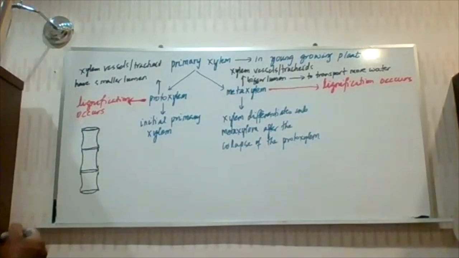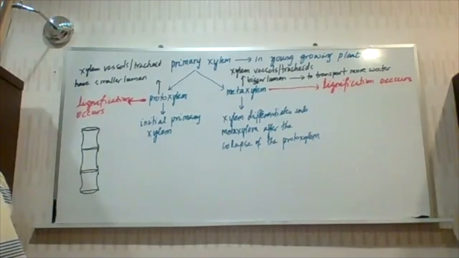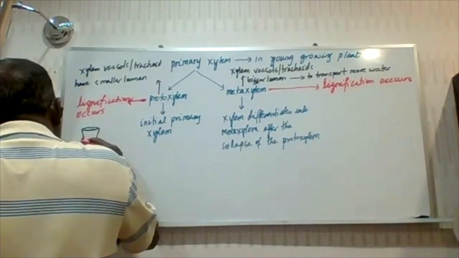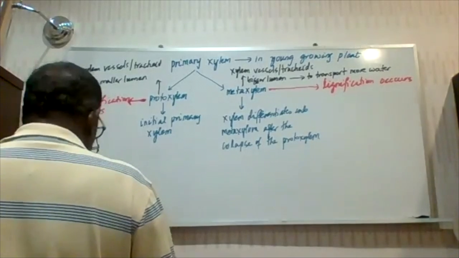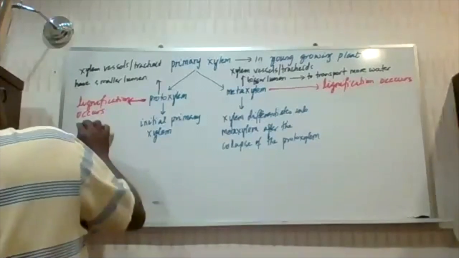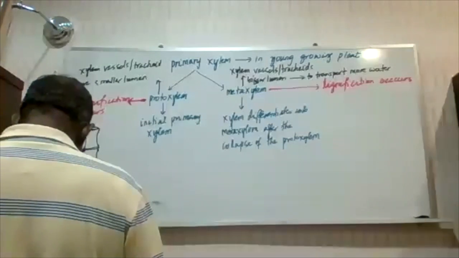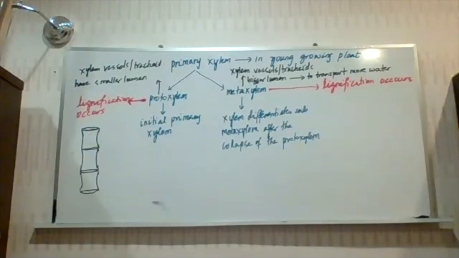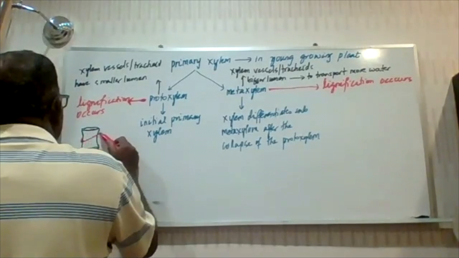Just to show you that, so that you have all ideas. Ideas are very important. Now, one type of lignification is in the form of a ring. That means it is around the walls.